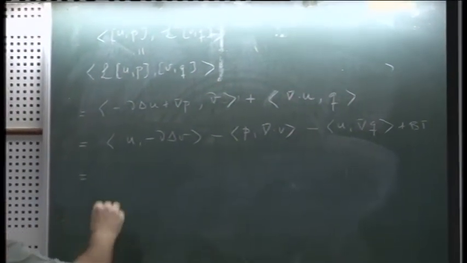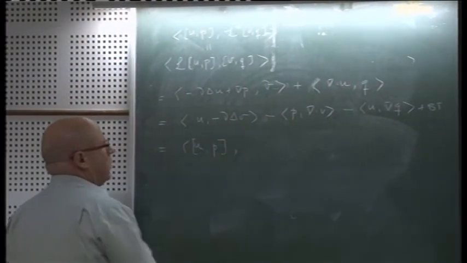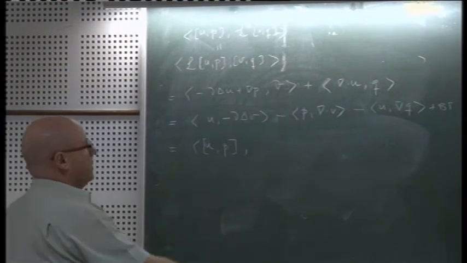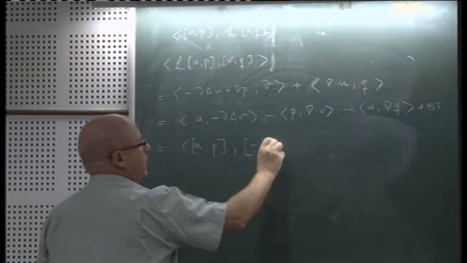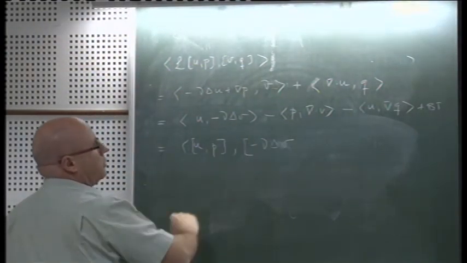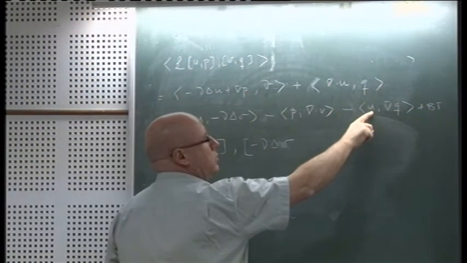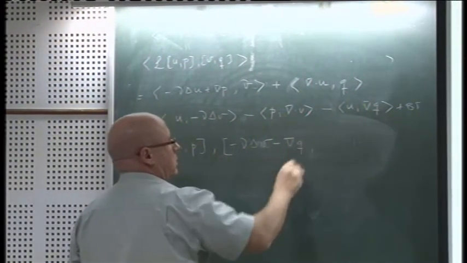So now I have that this is equal to (U,P) multiplied by what? U is multiplying minus nu Laplacian of V, but U is also multiplying minus the gradient of the pressure test function.